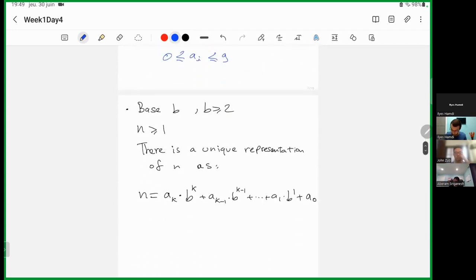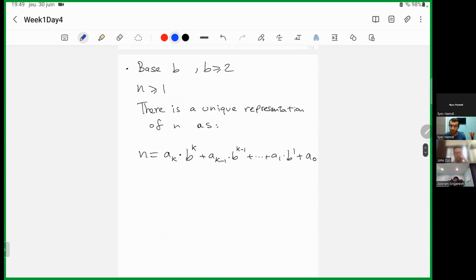But when you take another base, it will be a bit surprising, maybe, that the a's have to be between 0 and B minus 1. So B can be larger than 10, right? So they're not digits anymore. They could be bigger than 9 without any problem, right?